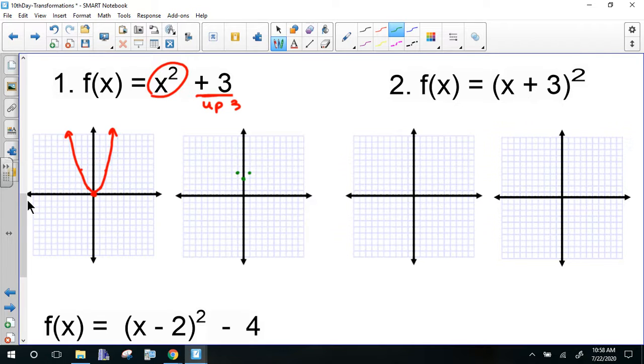I take each one of these points that I had drawn or plotted, and I move them up 3. So this one was at 4, I'm going to go up to 7. Over here. So that should be x squared plus 3.